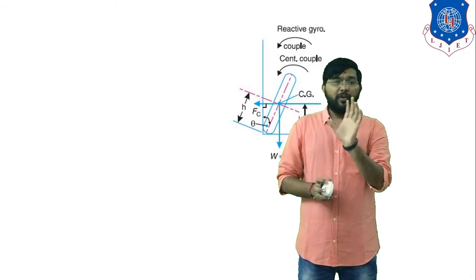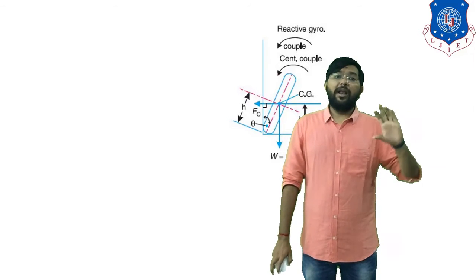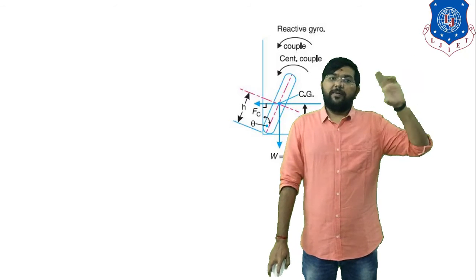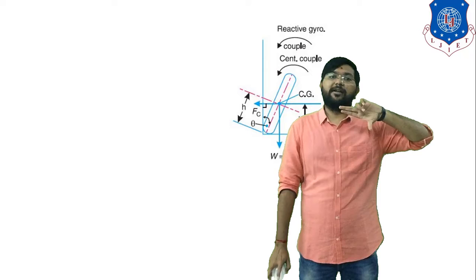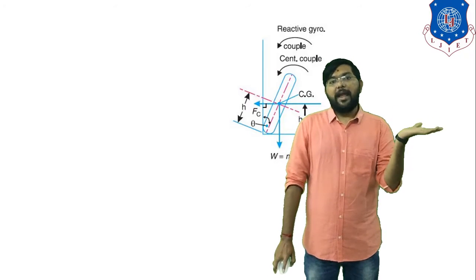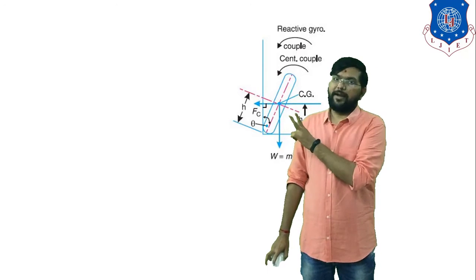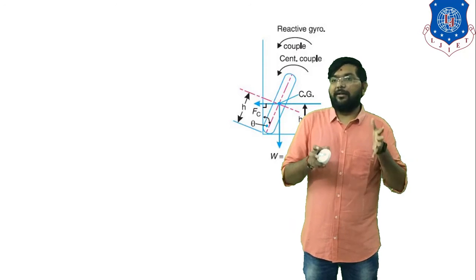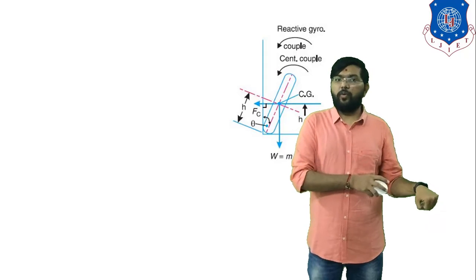Now from this figure we have to compare the total outward couple and the total inward couple. The total outward couple is the effect of centrifugal force and the reactive gyroscopic couple effect. In the other direction we have to consider the gravitational effect, because whenever you take a turn, your body and the weight of your vehicle both apply force in the downward direction.